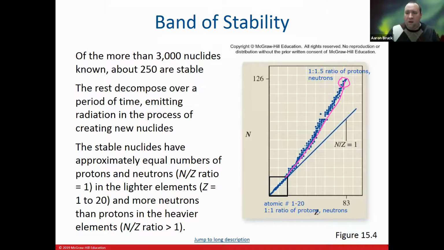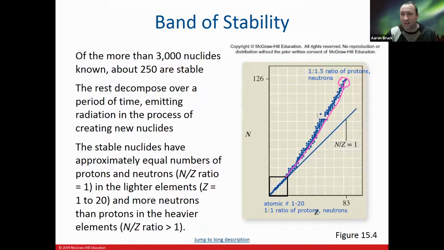So from 1-to-1 to 1 to 1.5, we see that as our atomic numbers get bigger, we need more and more neutrons to balance that out.